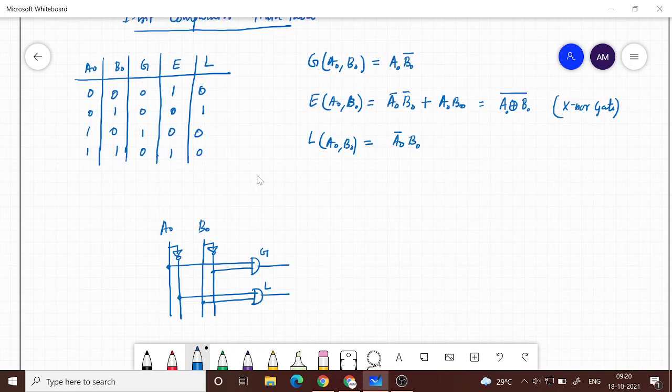And then, since E can also be written as A0 XOR B0, the whole bar, let us take A0 B0 bar plus A0 bar B0, the whole bar. So I just substituted the expression for the XOR gate, and then you take the NOT of that, that is the XNOR gate. By comparing it with G and L, we can say this is G plus L, the whole bar, which is basically a NOR gate.